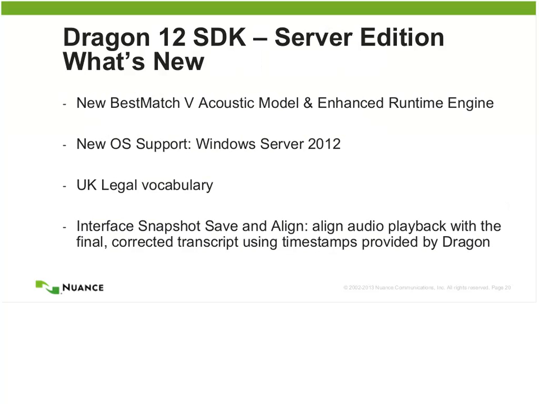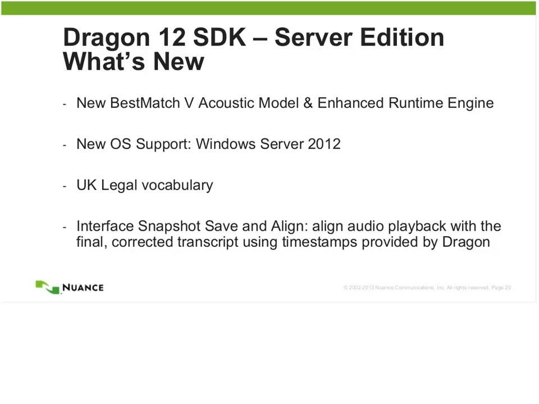And we also added a new interface called Snapshot, Save, and Align, which allows the alignment of audio that is being played back with a correct transcript. That is useful for customers who require the synchronization of audio playback with a transcript.